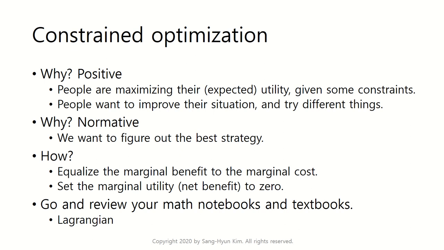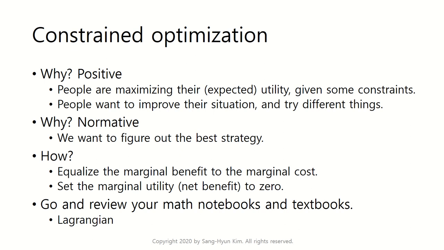We want to figure out the best strategy in a given situation, or in our class, this would mean the best contract. So two reasons, positive and normative. These are the reasons why we are using constraint optimization.